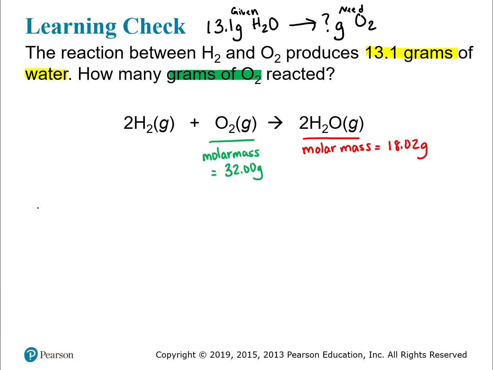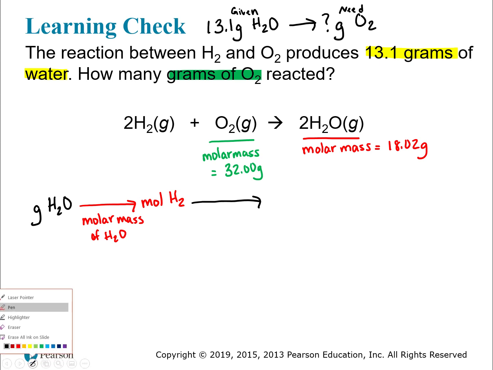As for our plan, we're starting with the grams of water. We need to get to moles of water using the molar mass of water. Then we convert the moles of, oops, I left my oxygen out of the water.